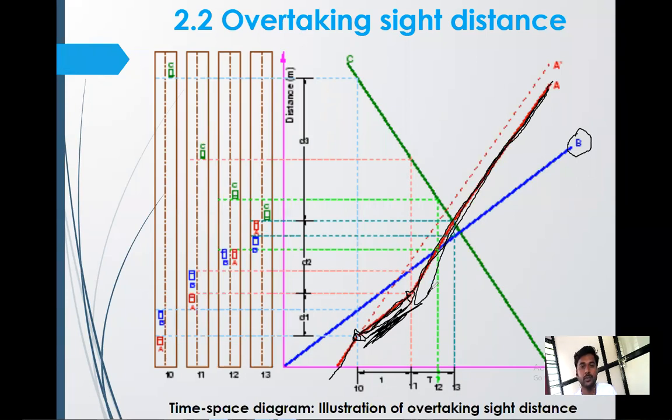He accelerates his speed. Okay, that line also indicates the variation of the speed with the time of vehicle A. Vehicle B and vehicle C are moving with the constant speed. Okay.